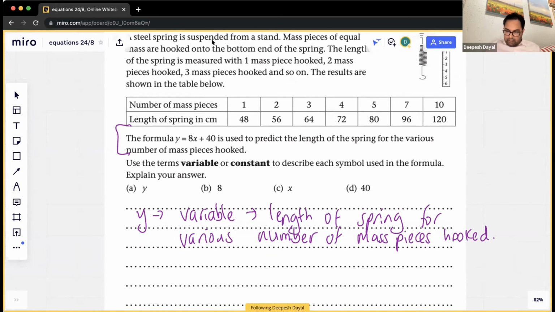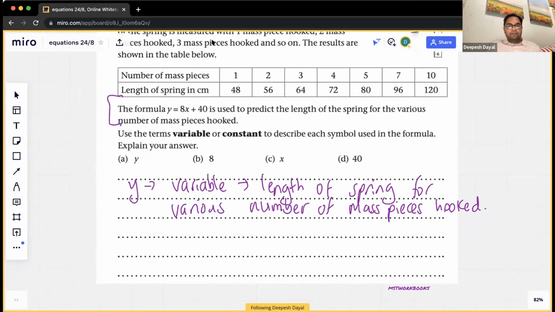Great. Who's going to tell me the answer for 8? What is 8? 8 is the number that it's times by. What does 8 represent? Let's go back to the top here.